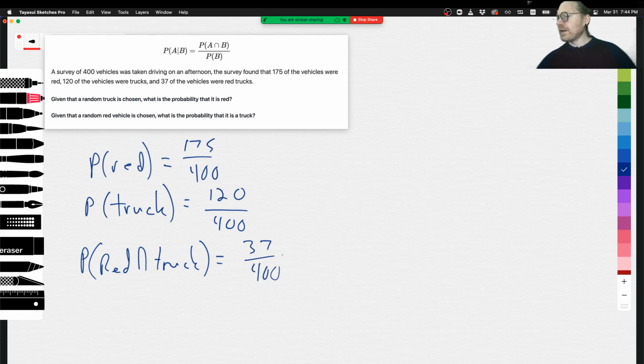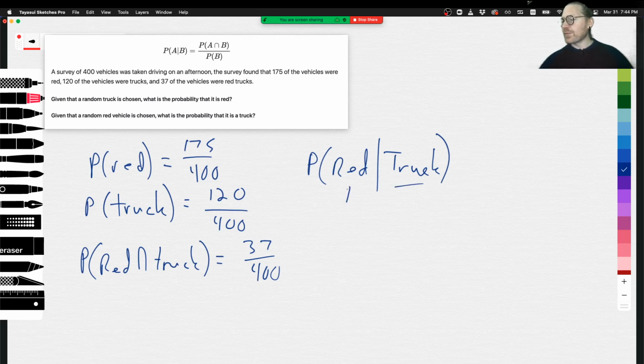So given that a random truck is chosen, what is the probability that it's red? Well, how do we ask that question? We say the probability of red, given that a random truck is chosen. That is the thing on which we're conditioning: truck. Given this, what's the probability of that? Well, we can see that this is the intersection, 37 over 400, and that is over the universe we're considering, the universe of trucks, which is 120 out of 400.